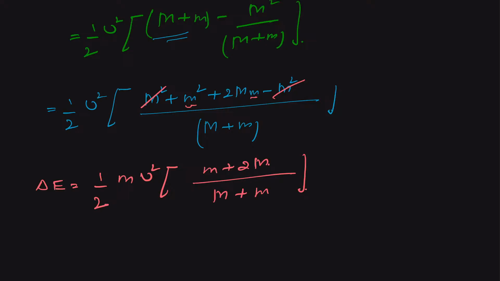Okay. So this is the amount of energy that is required so that the final velocity, which was our u, comes back to our v. So this was our required energy.